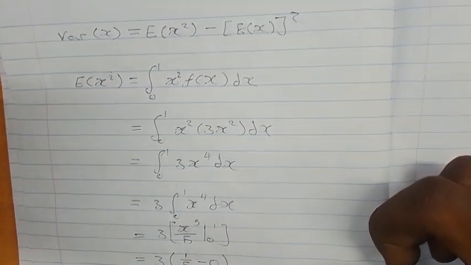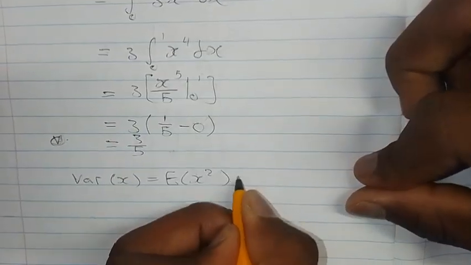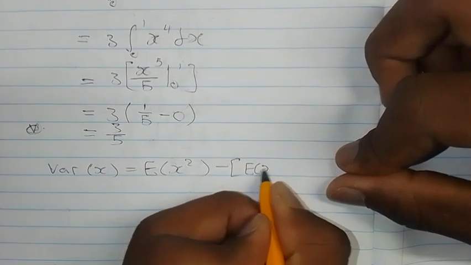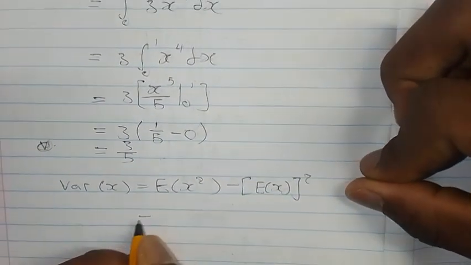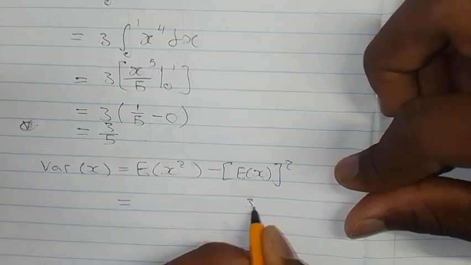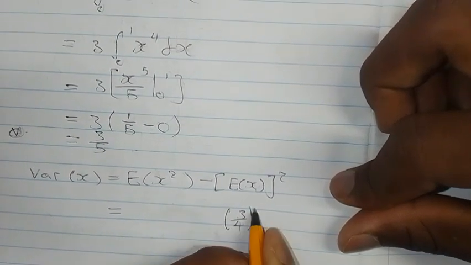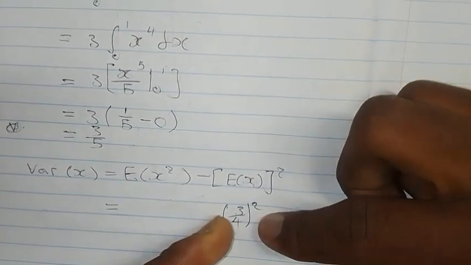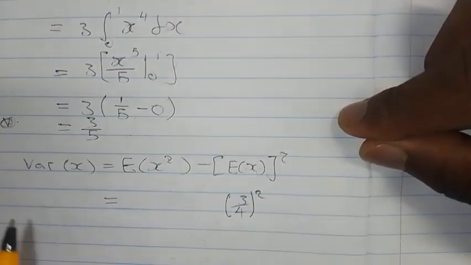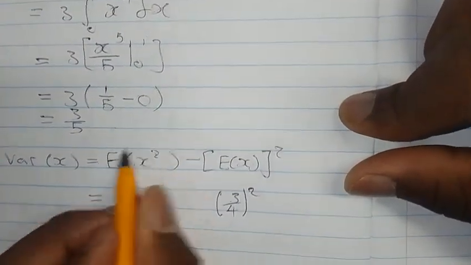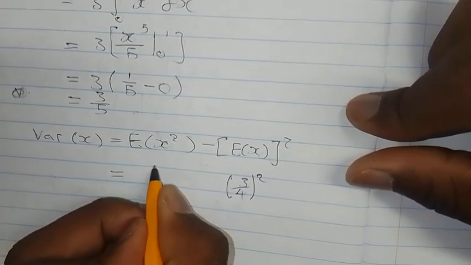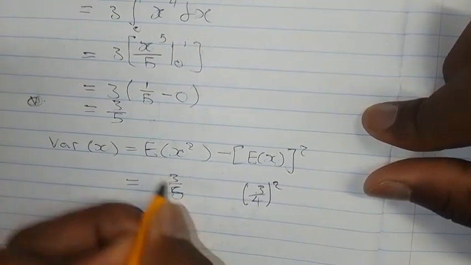So now we'll have the variance of x being the expected value of x squared minus the expected value squared. We recall that the expected value of x is 3 over 4, and we have to square that. The expected value of x squared is 3 over 5, which is what we calculated here.